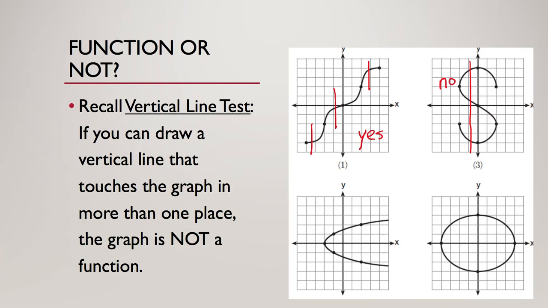So this would not be a function. On our next example, if we draw a vertical line here, it crosses in more than one place, so not a function. And also on our circle, if we draw the line straight down, it crosses in more than one place, so not a function. So we learned how to use the vertical line test to determine if something is a function or not.